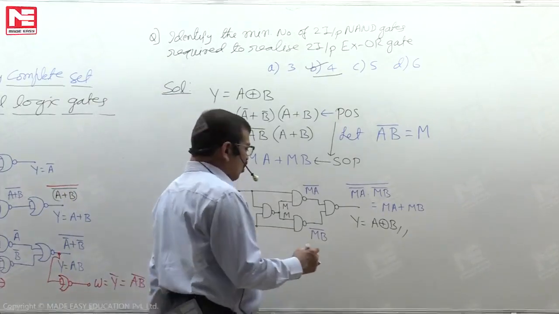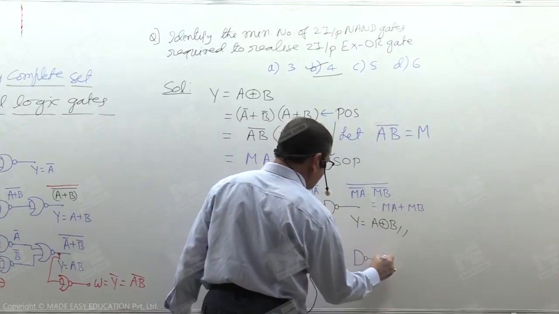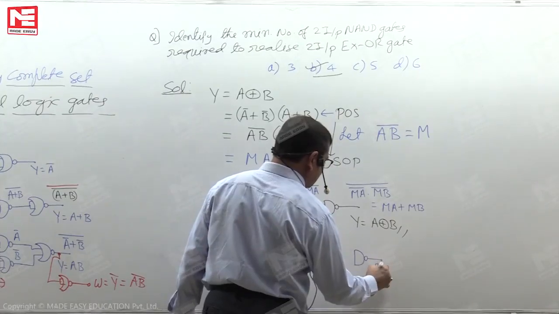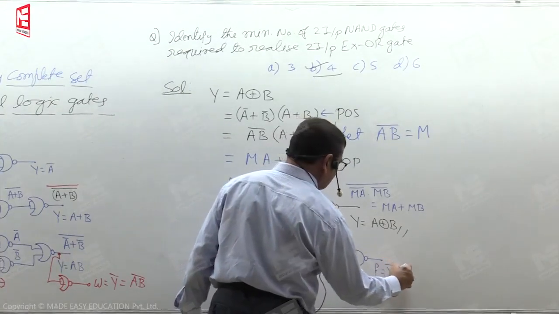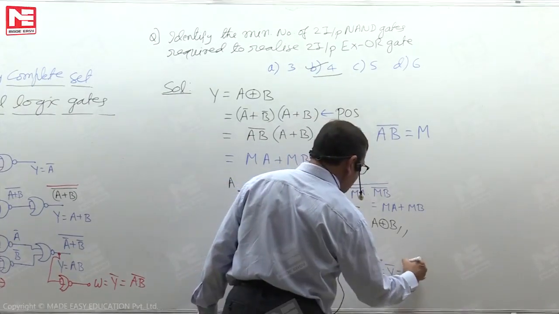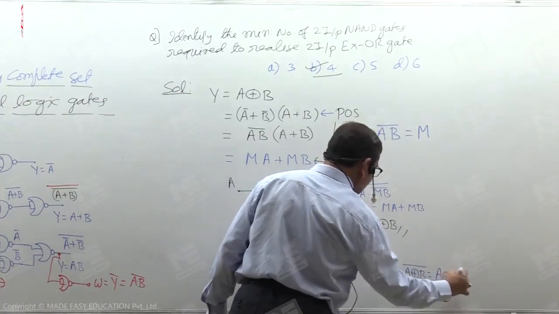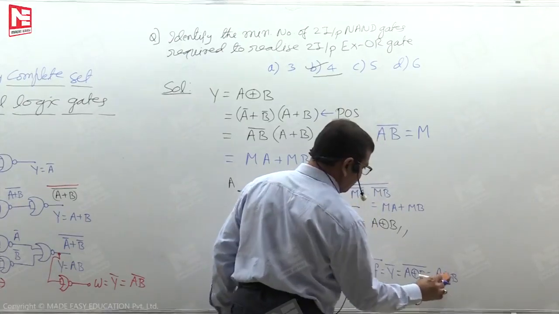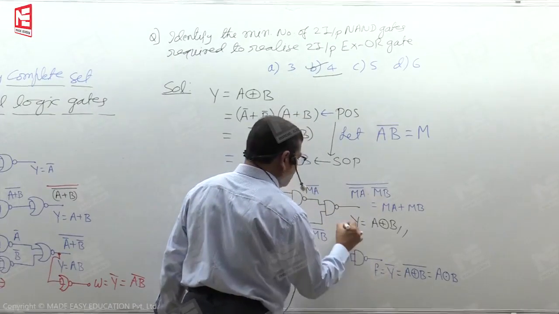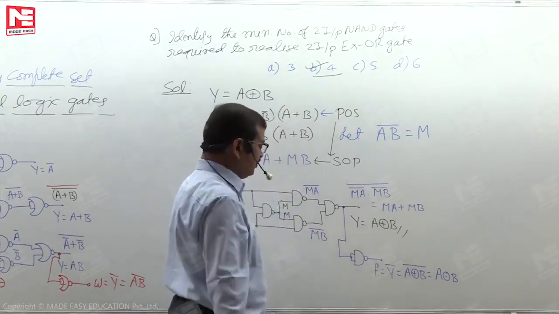For realizing the exclusive NOR operation, it is possible to say we need one more NAND gate. If this gate output is F, it is supposed to be Y complement, where Y complement is (A exclusive OR B) complement, nothing but A exclusive NOR B. This works as an inverter.